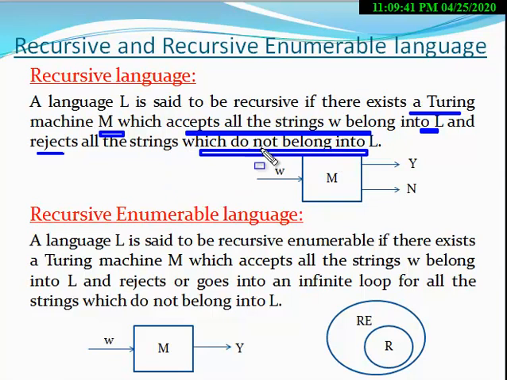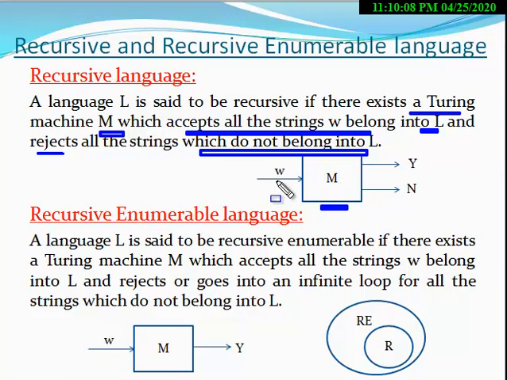So this is the definition of our recursive language. So we can say that if language L is recursive, then there exists some Turing machine. The Turing machine corresponding to L will look like this. Look at this Turing machine. So this is the Turing machine corresponding to a language L.